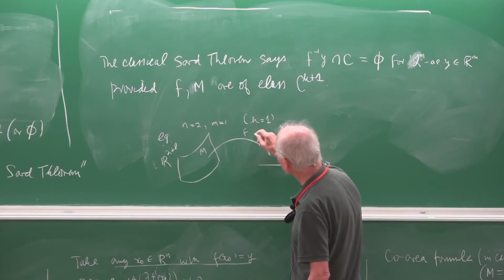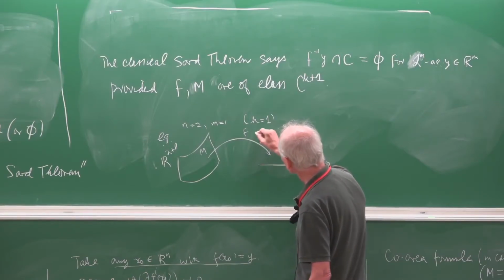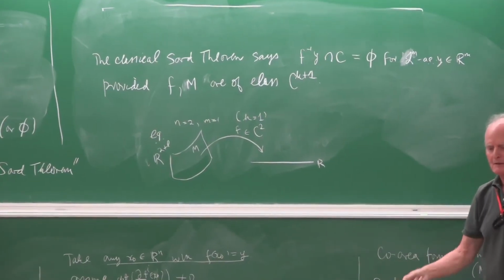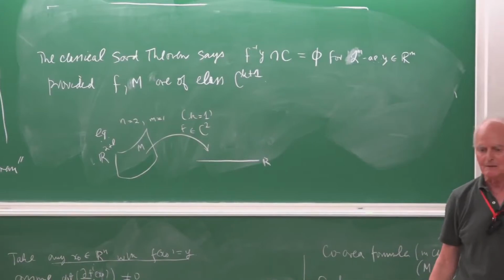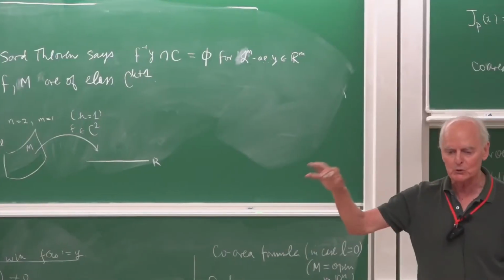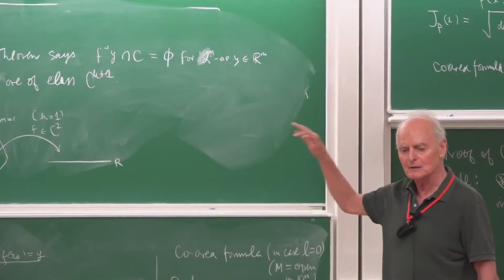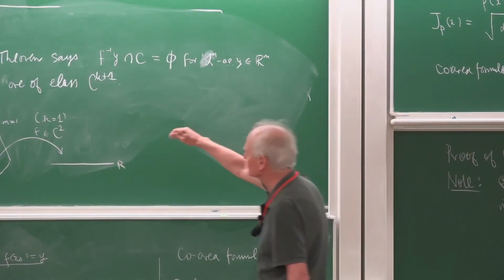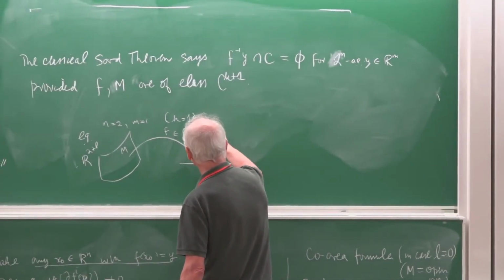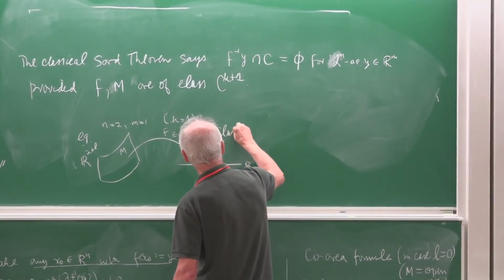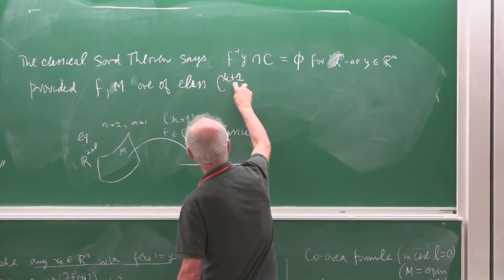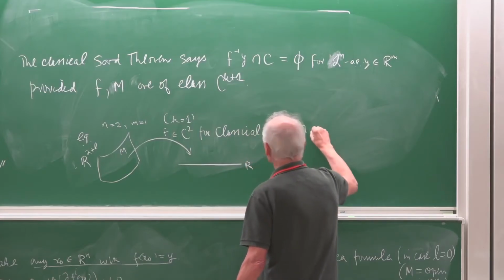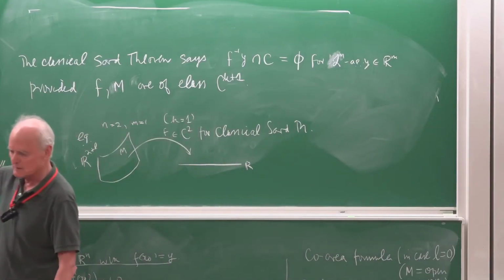So the map would have to be C2 to use Sard's theorem. In higher dimensions it's got to be even better than C2, but in particular for a mapping from a two-dimensional submanifold into the real line, you need at least a C2 mapping to apply the classical Sard theorem. CK plus 1 is 2 in this case. If you only have C1, then you have to use this.